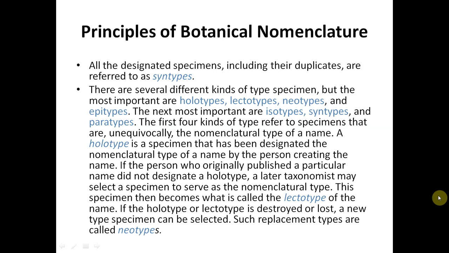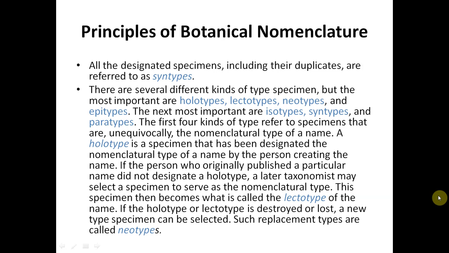A holotype is a specimen that has been designated the nomenclature type of a name by the person creating the name. So if a plant is identified as a new taxon, the person who identifies that plant is called the author, and the herbarium specimen proposed by the author is called the holotype.